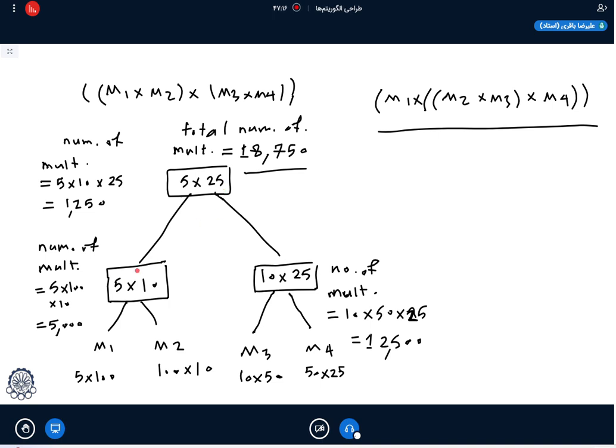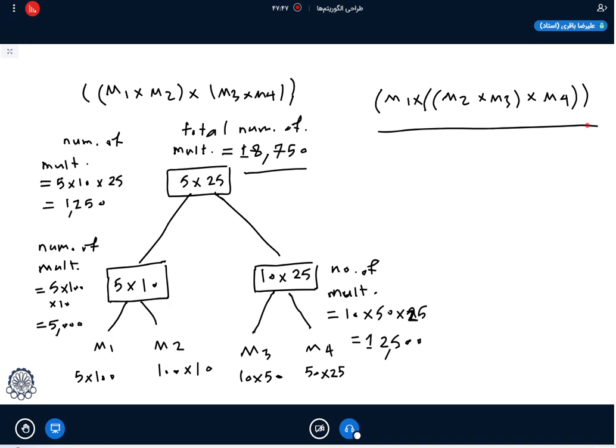The number of multiplications here is 5 multiplied by 10 multiplied by 25, so 1,250. If we sum up these three, we get 18,750. This is the total number of multiplications that are done in this parentheses.